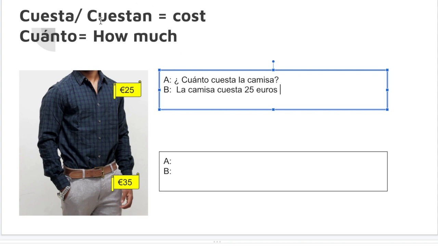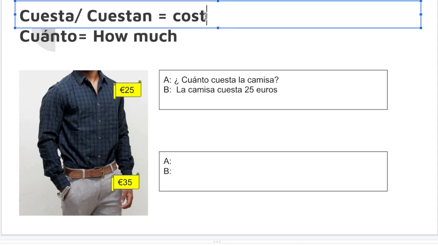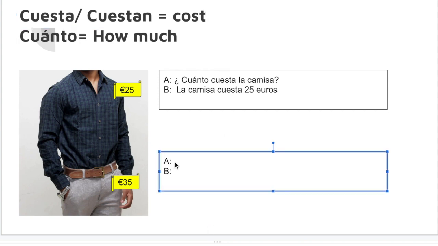So cuesta in reality is costs and not cost. And then we have pantalones. Los pantalones are plural. So I'm not going to use cuesta. I'm going to use cuestan. So we have the same conversation, but now about the pants.